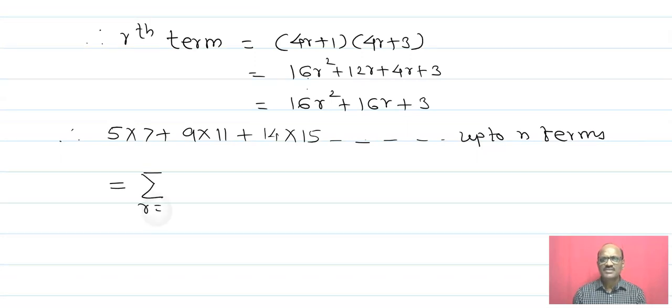Therefore, summation r equals 1 to n of t suffix r is equal to the summation of 16r square plus 16r plus 3.